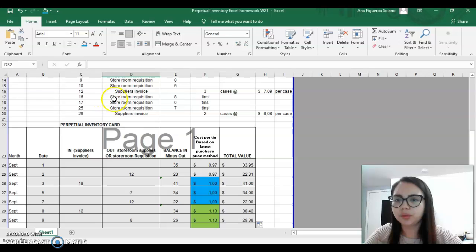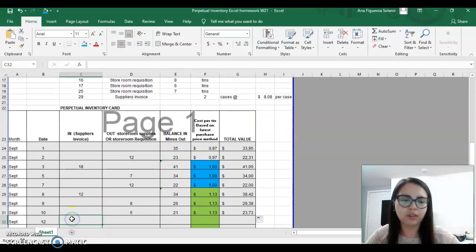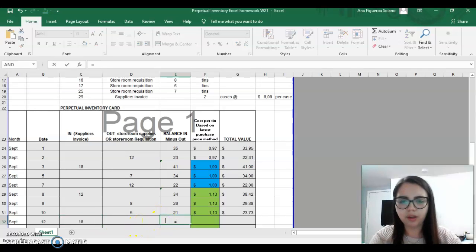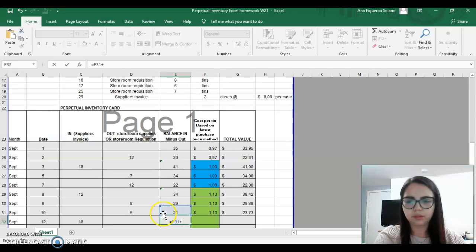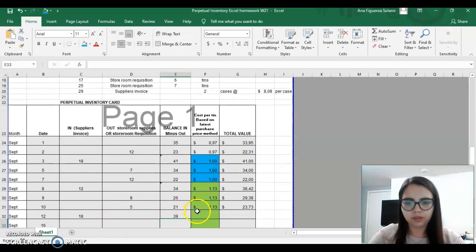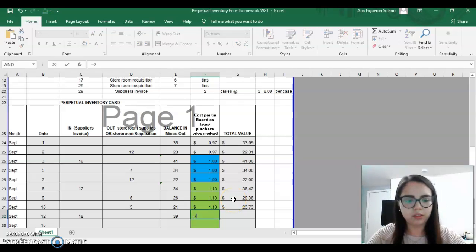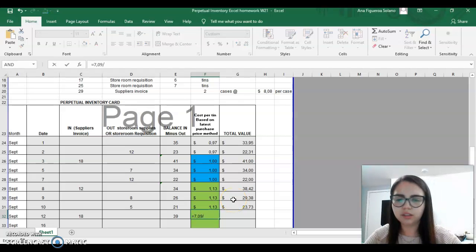For September 12, we have an invoice of 3 cases at $7.09. So we have 3 multiplied by 6, that would be 18. And we're going to add them up. And the price is $7.09, so it would be equal $7.09 divided in 6.